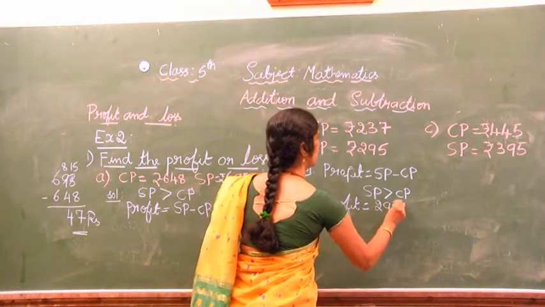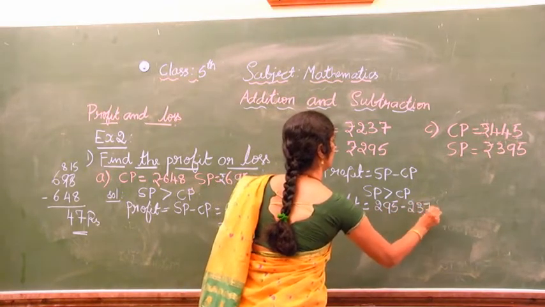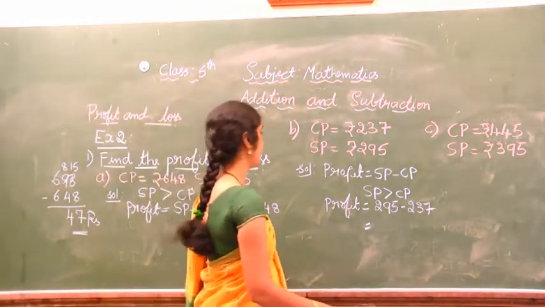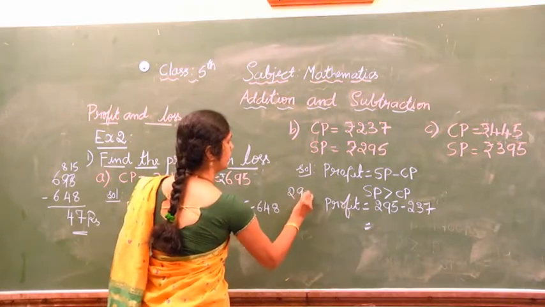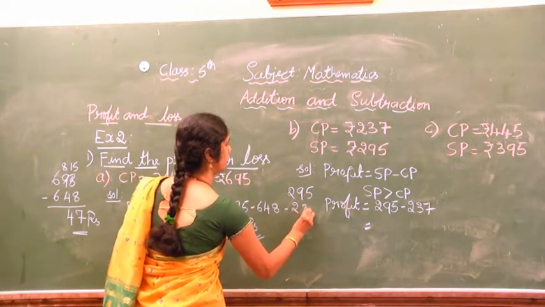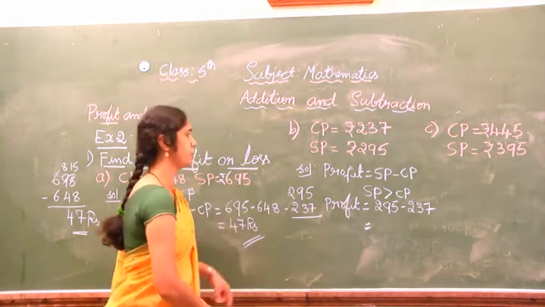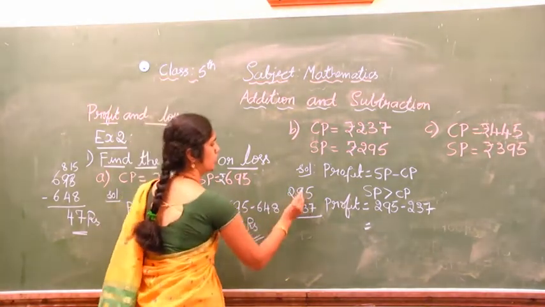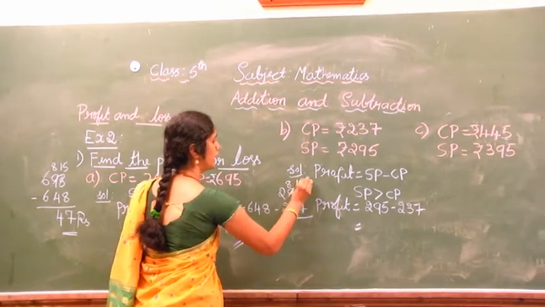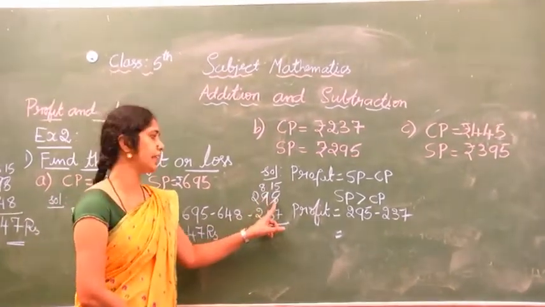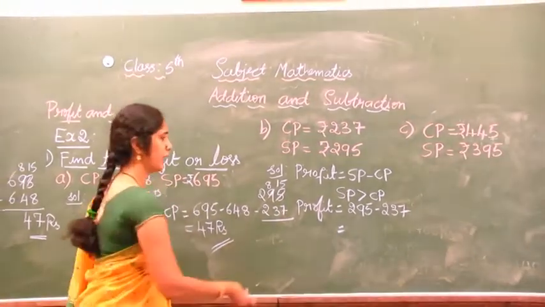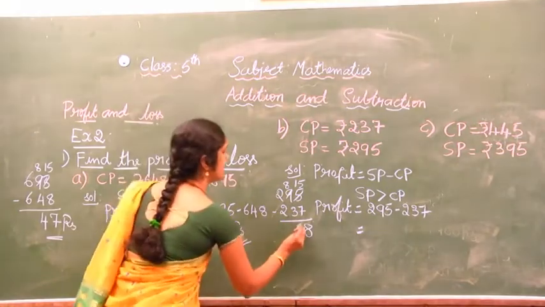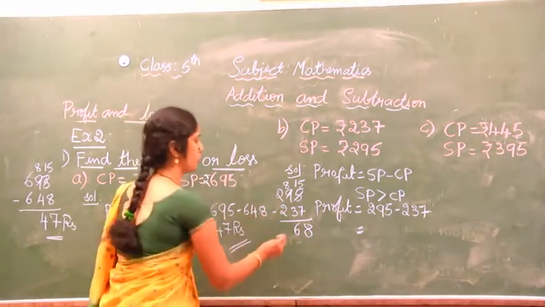295 minus 237. How to find 295 minus 237? Is it possible, 5 minus 7? No. So borrow from here. You will get here 8 and here 15 minus 7 is, you are right, 8. 8 minus 3 is 5. 2 minus 2 is 0.